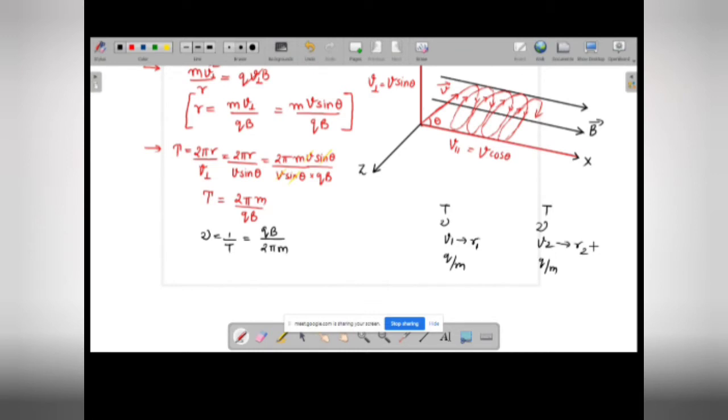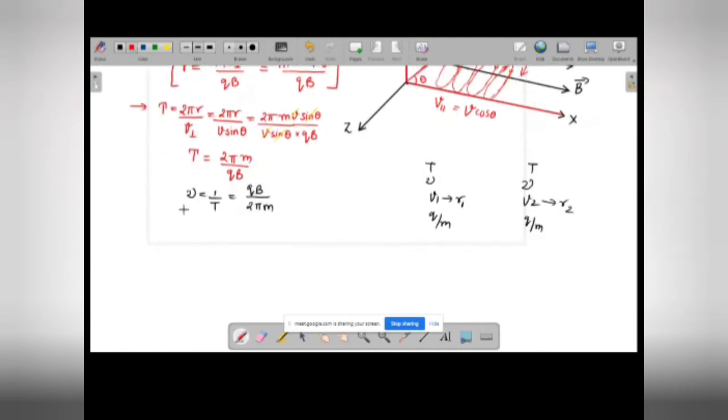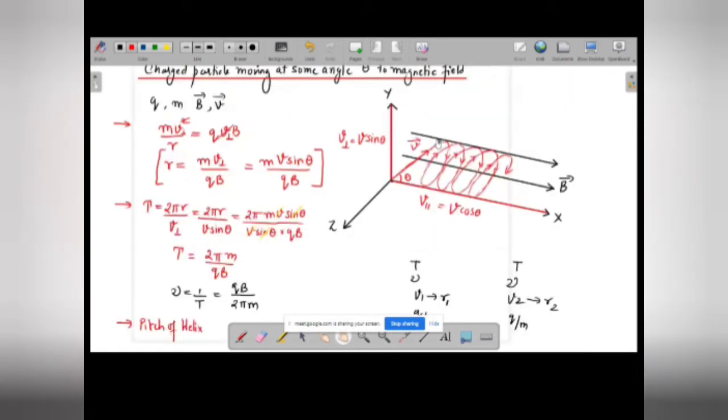Next, one more term that we are going to introduce is called pitch. The pitch of a helix. We know that this charged particle is following a helical path, so there is something called the pitch of a helix. Now what is this pitch?